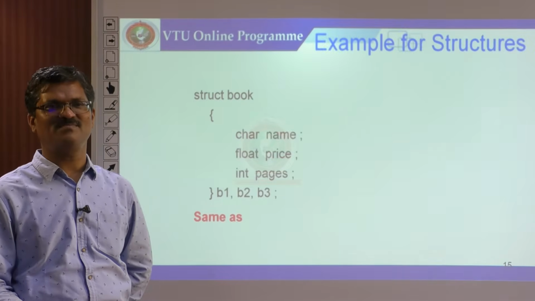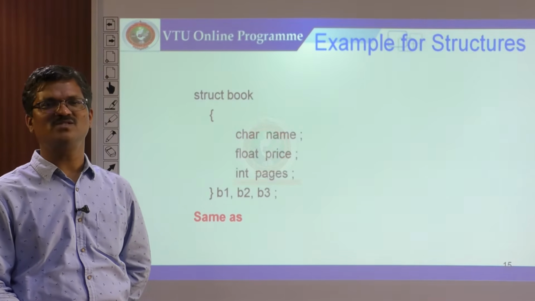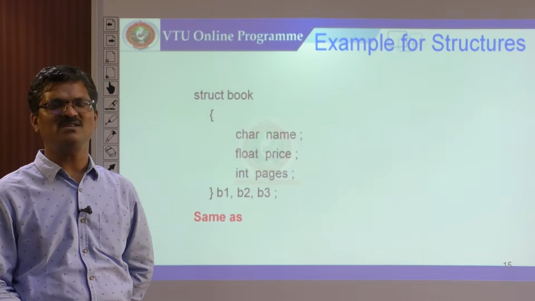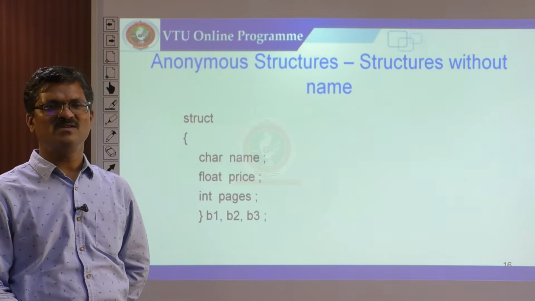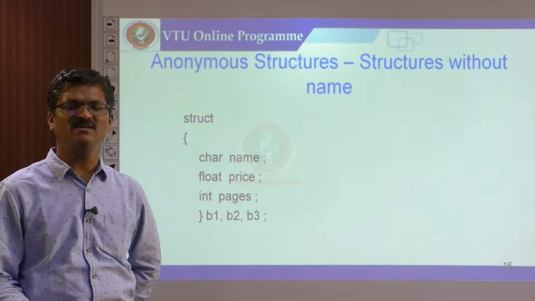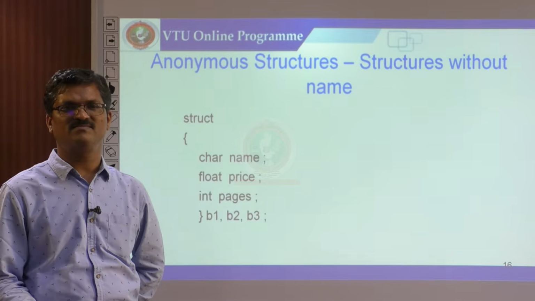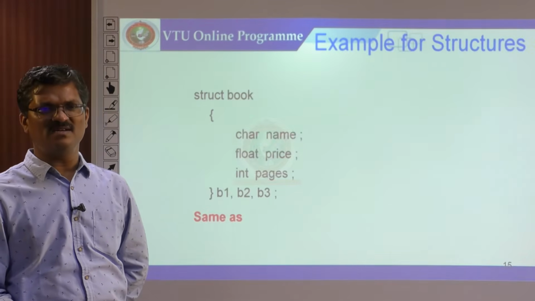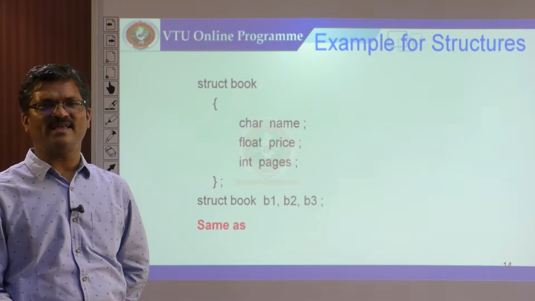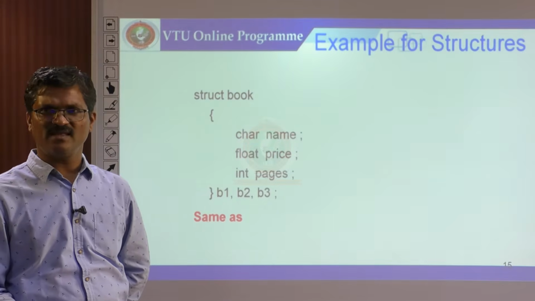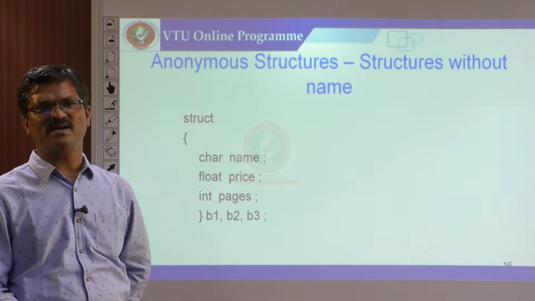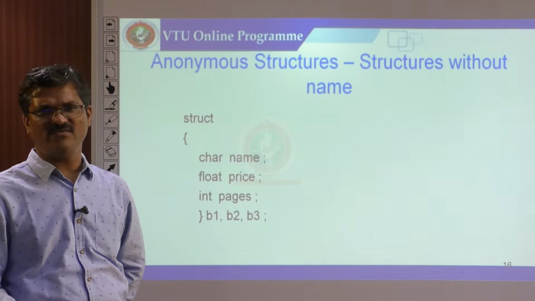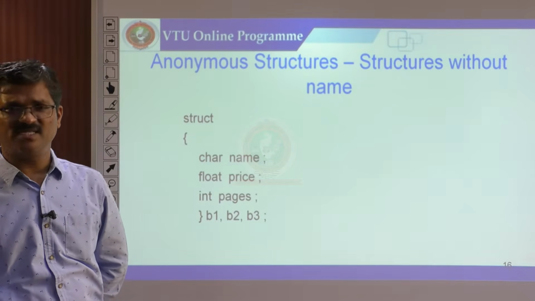The tag used here was book, but you need not have that tag compulsorily; it is optional. So a structure can be declared in two or three ways like this. These are the ways to write structures.